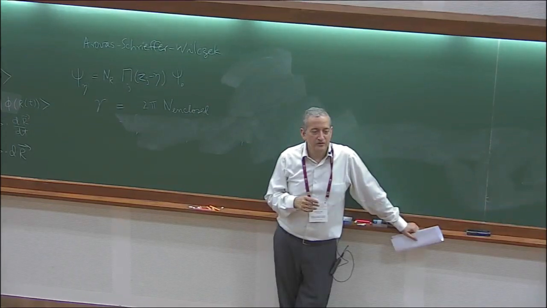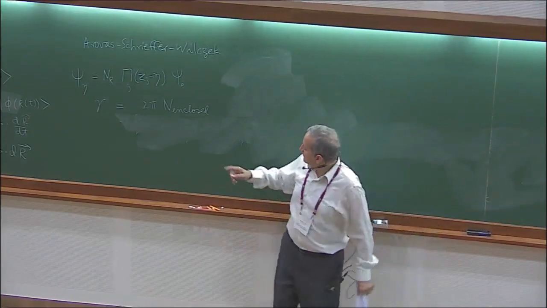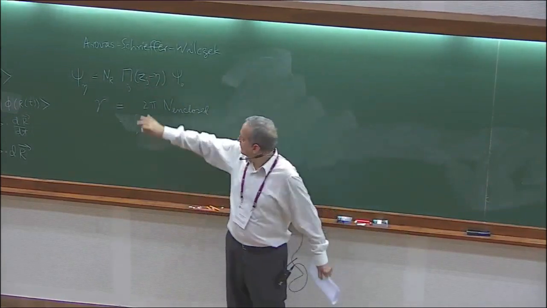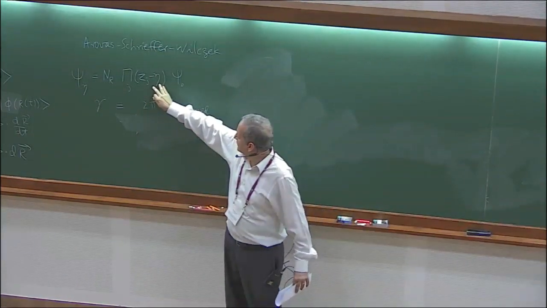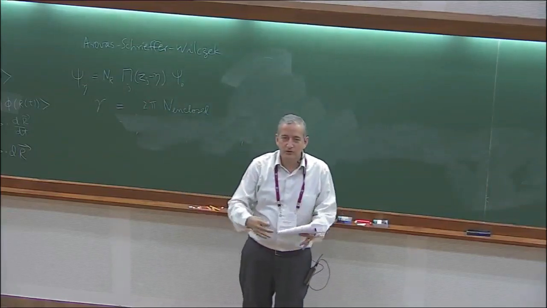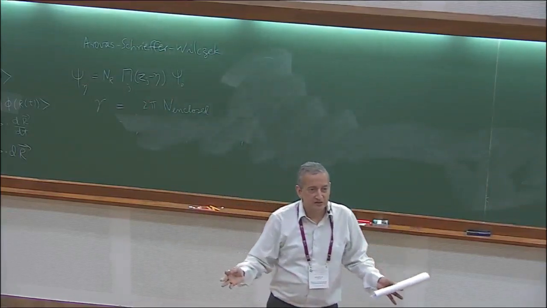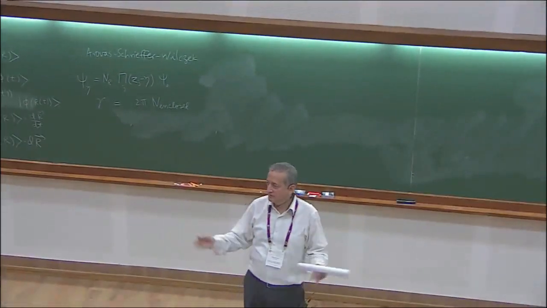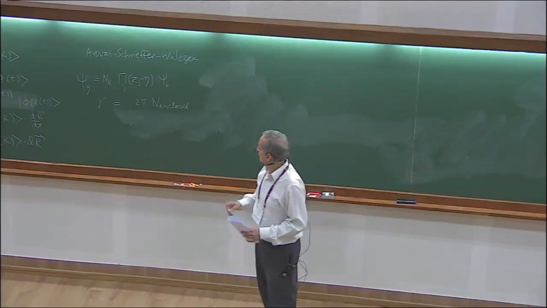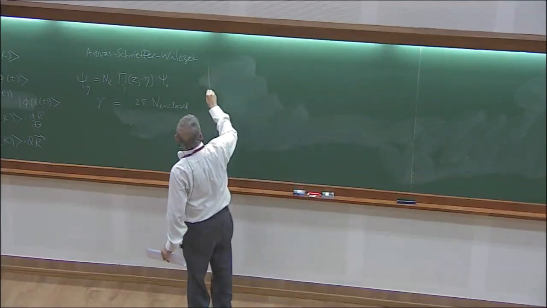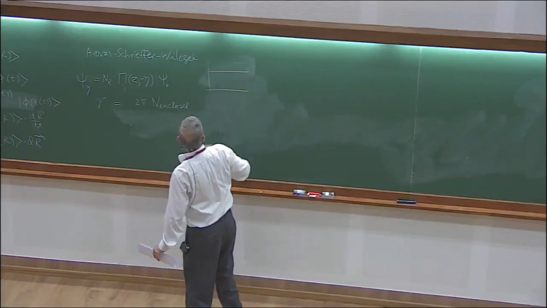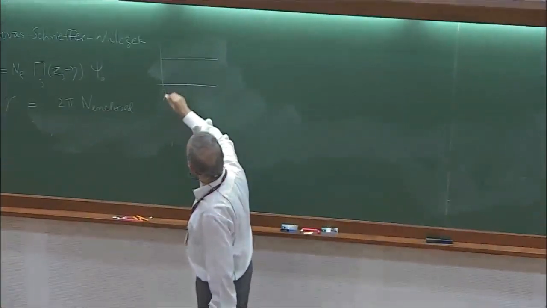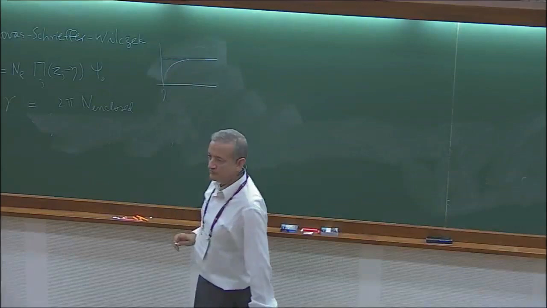When I multiply by this, I know that electrons are repelled away from the position eta, and therefore how much of the charge is moved away, that's the charge of a vortex. So in other words, if psi naught has the density profile like this, and I put a vortex at eta, it changes the density profile to that. There is some missing charge, so I can integrate this difference, and that's the charge of a vortex.